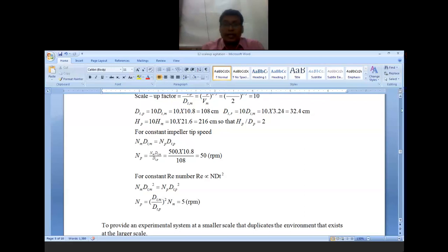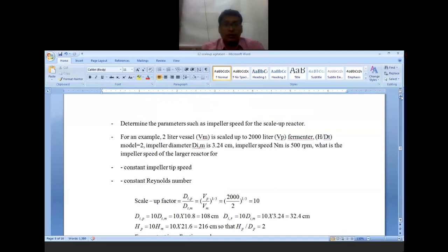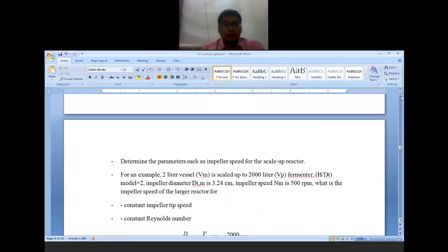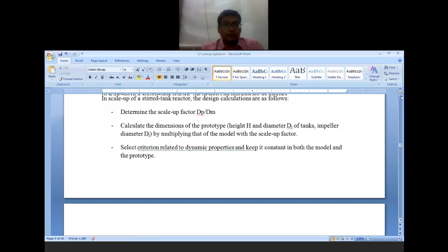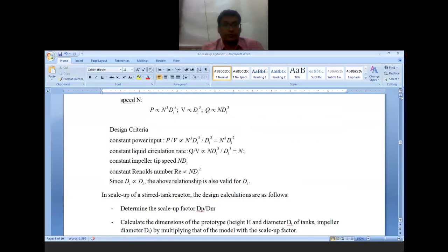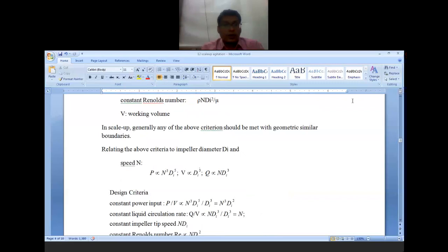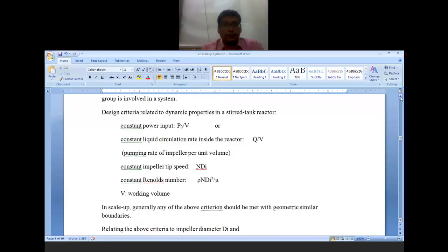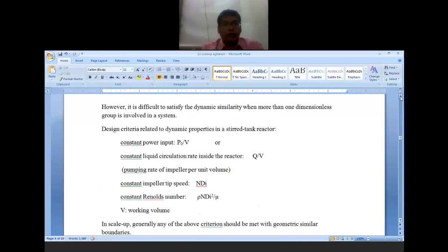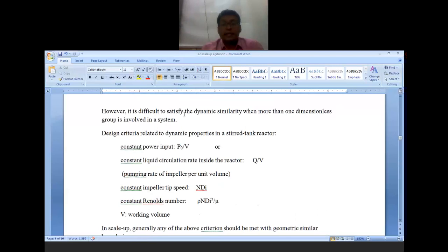So what is our statement? In scale up, generally any of the above criteria should be met with the geometric similarity boundaries. However, it is difficult to satisfy the dynamic similarity when more than one dimensionless group is involved.